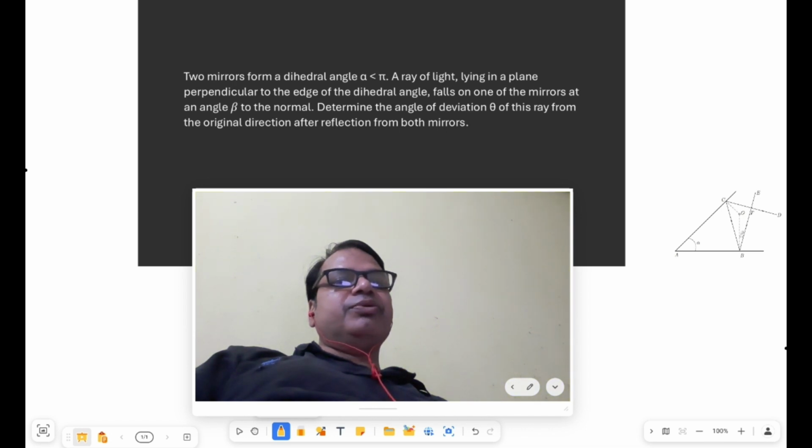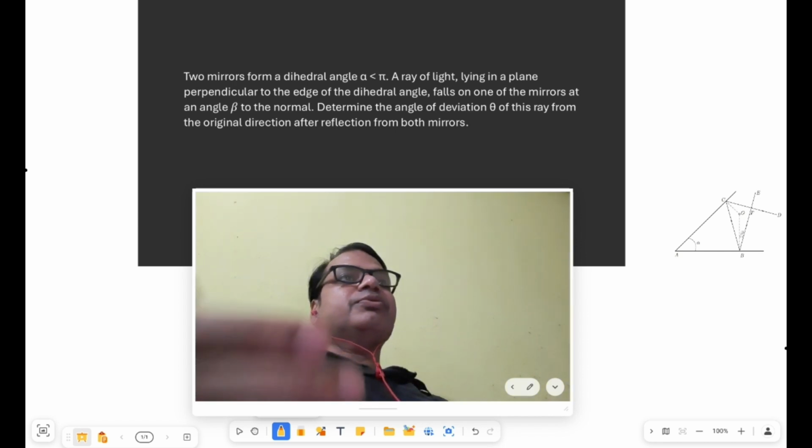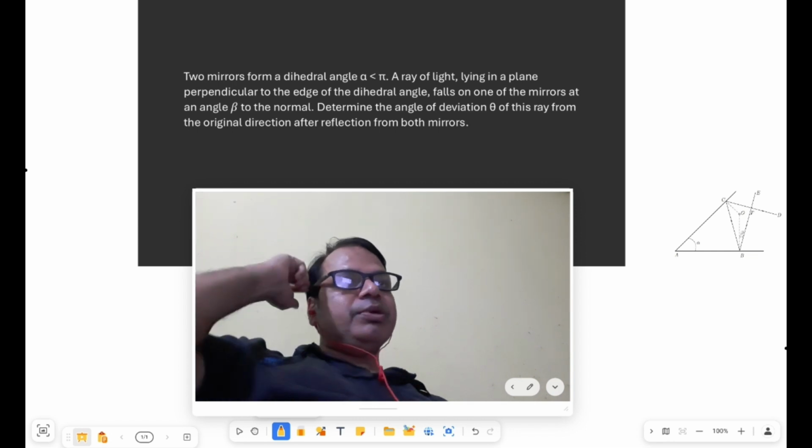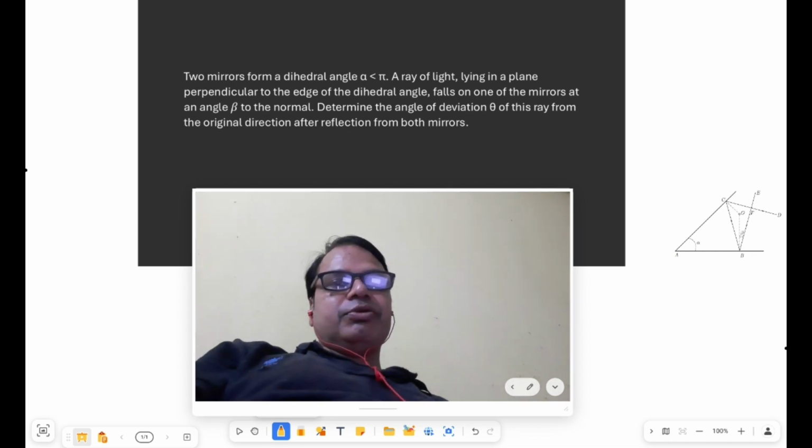So the problem is to determine the angle of deviation theta of this ray from the original direction after reflection from both the mirrors. I have made a diagram, and the diagram will make everything clear, I guess.